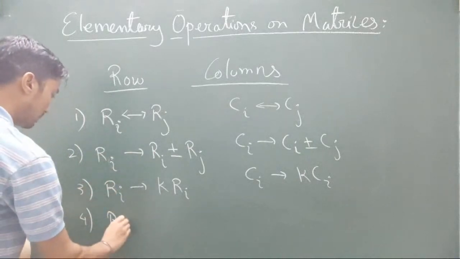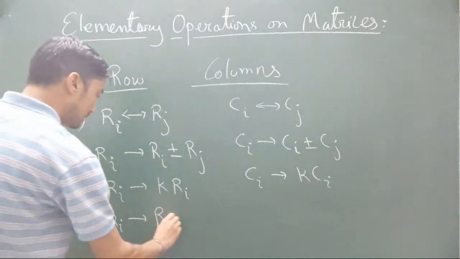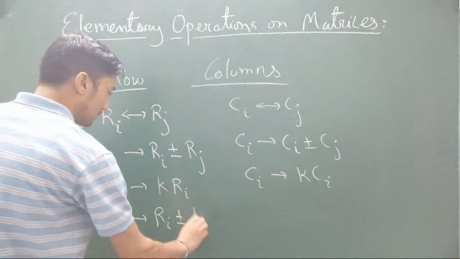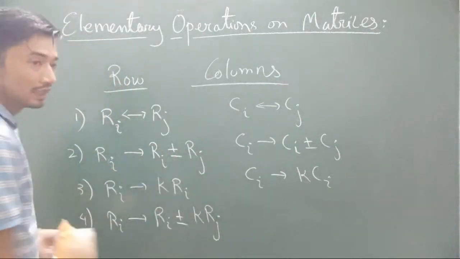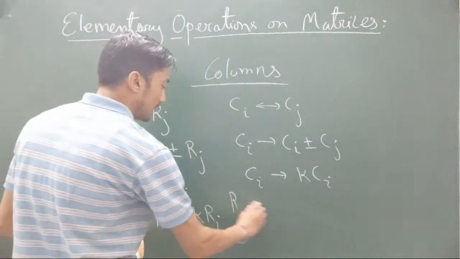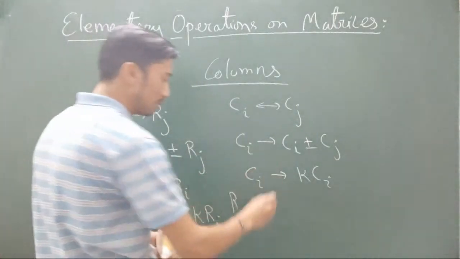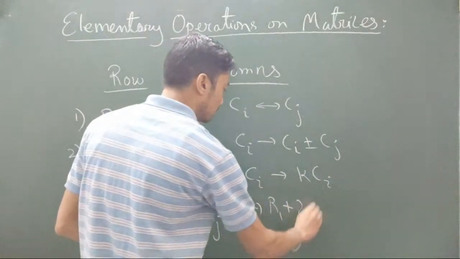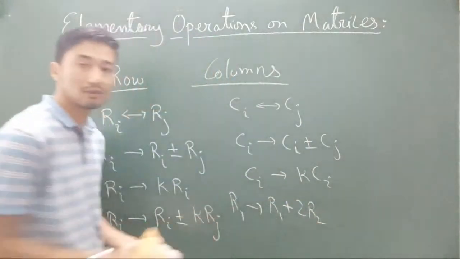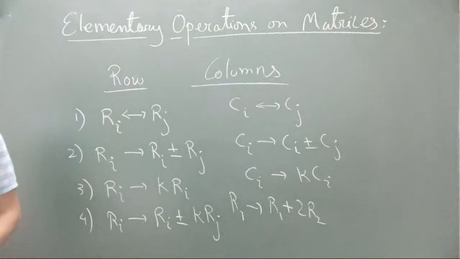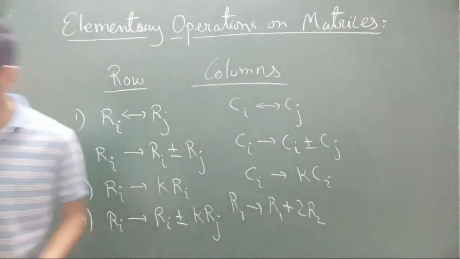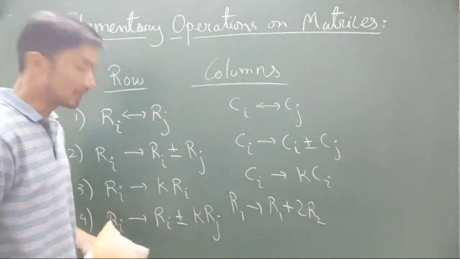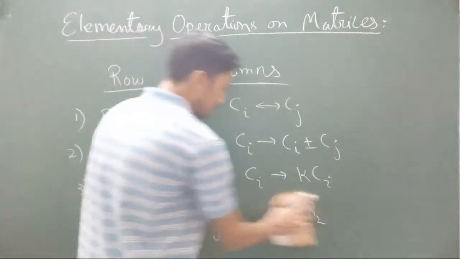Rows also can be written as addition or subtraction of a scalar multiple of another row, something like R1 represented as R1 plus 2 times R2. This kind of operation can be done. Don't be confused; as we solve more problems, all those confusions will be cleared, but these are the operations that are possible.